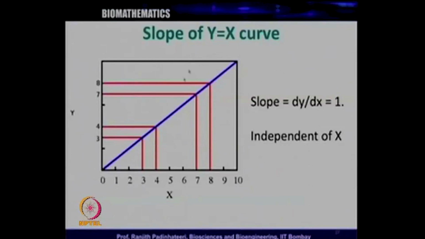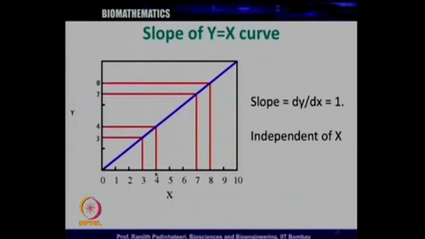Now, if we want to calculate the slope of the y equal to x curve, draw a line like this, starting from the x axis, calculating the corresponding value of y, and another value at the x axis. So, if you start two lines from 3 and 4, it ends up at 3 and 4 here. That is, if you change the x value from 3 to 4, the corresponding y value also changes from 3 to 4.